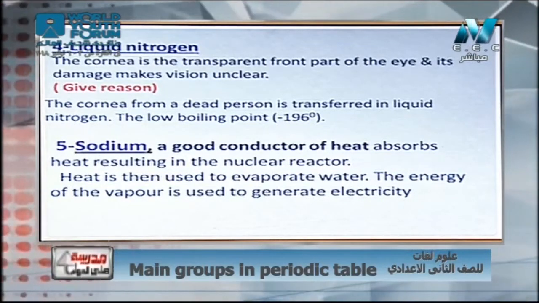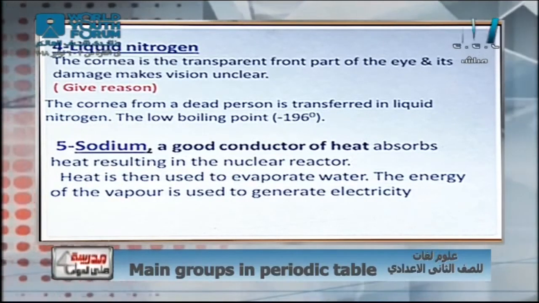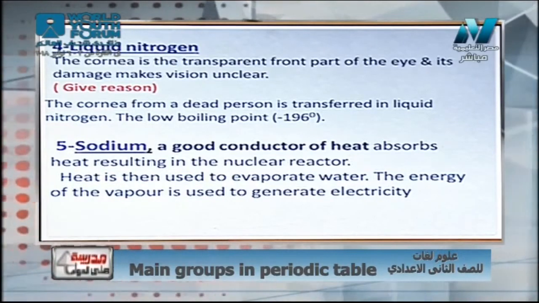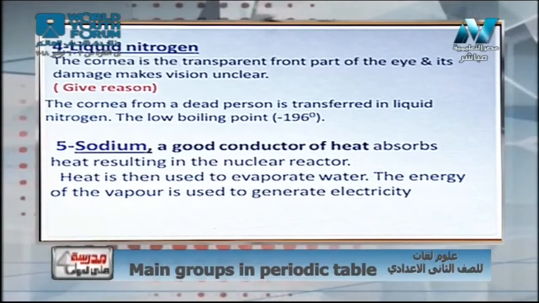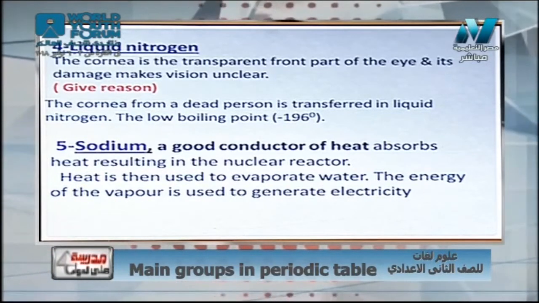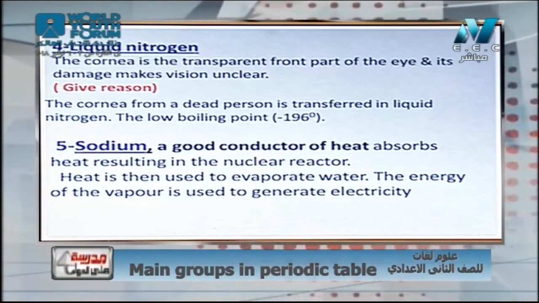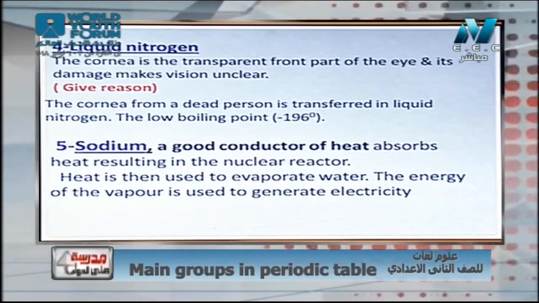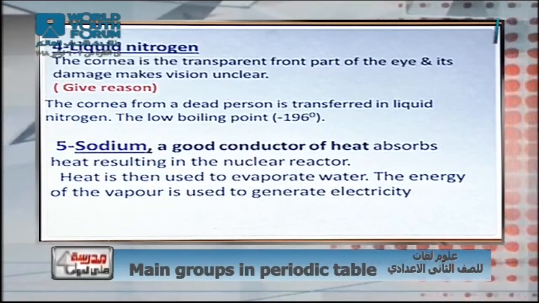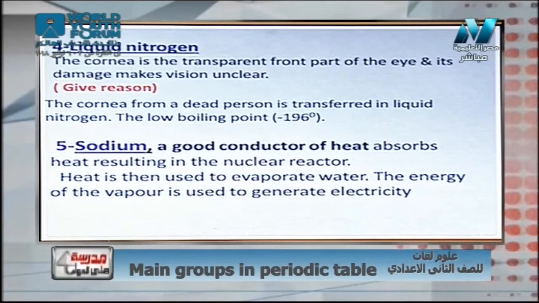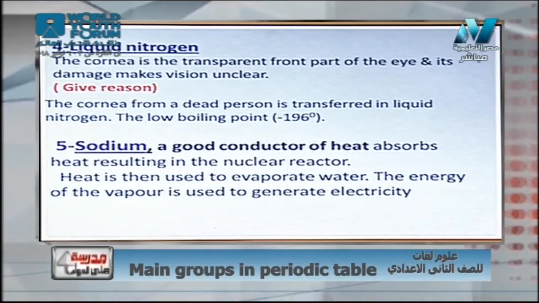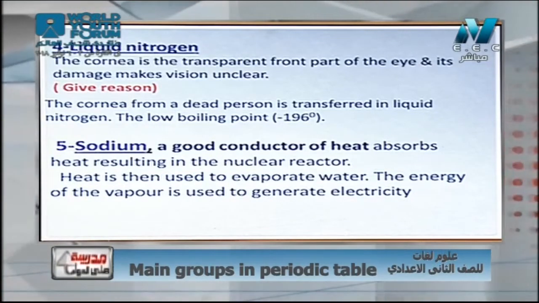Because it has a low boiling point, -196. Then the last use is sodium. It's a good conductor of heat, used in absorbing the heat from inside the nuclear reactor to outside. This heat is used in producing the electricity.